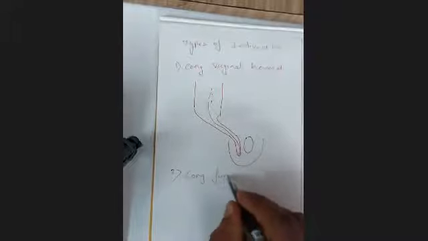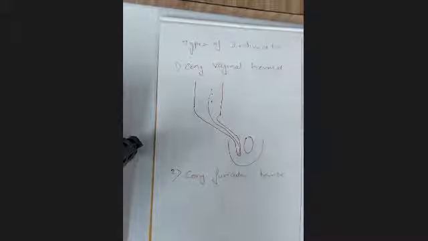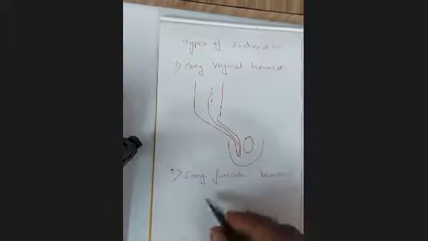Then the second is the congenital funicular hernia. Now, what happens in a congenital funicular hernia? The hernia is there with respect to the spermatic cord, but does not communicate with the tunica vaginalis. It will be going into the scrotum, but the tunica vaginalis, which is going to cover the testis, has separated.